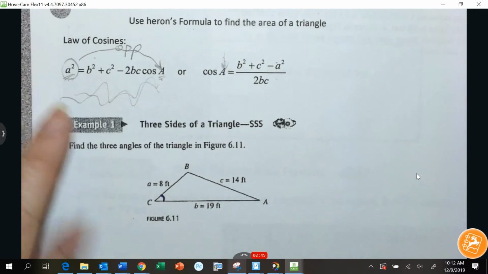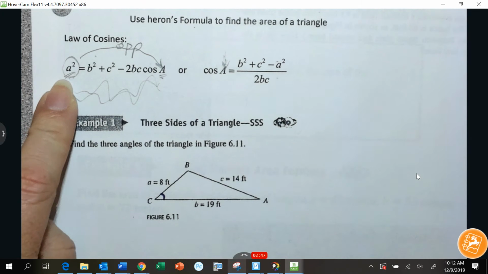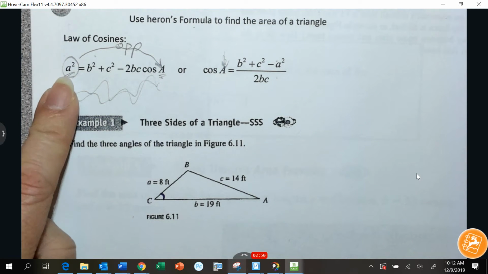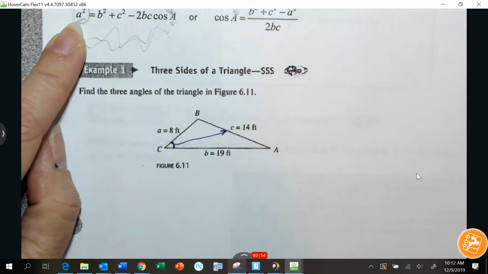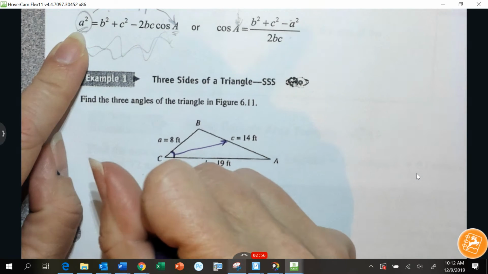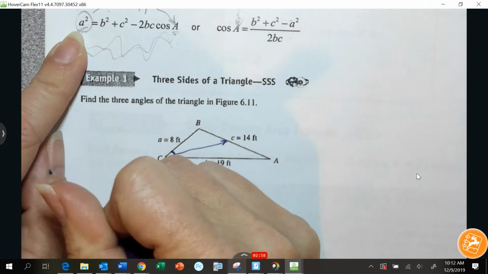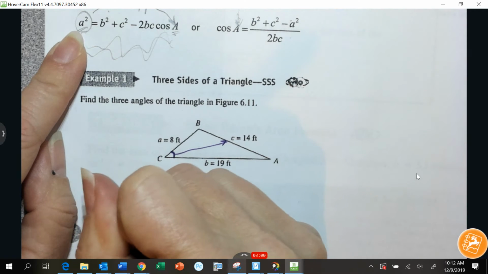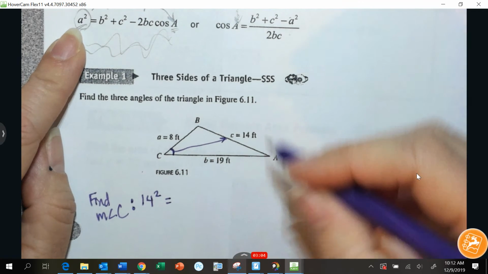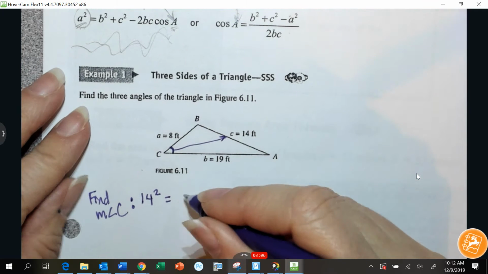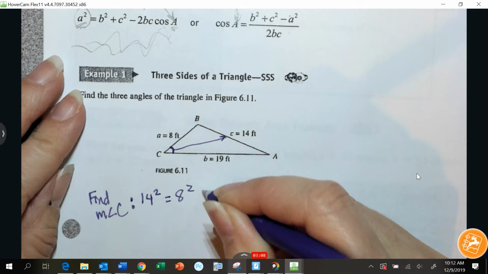So when we set this up, it's not going to be a squared over here. It's going to be c squared. So I'm going to use the side opposite of c, 14 squared, equals, now I'm going to square the other 2 sides and add them. 8 squared plus 19 squared.